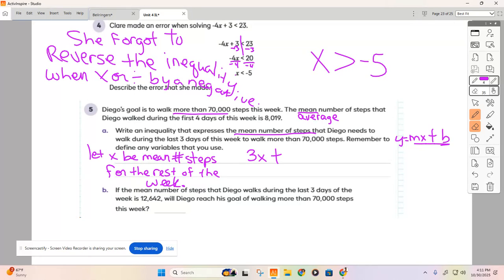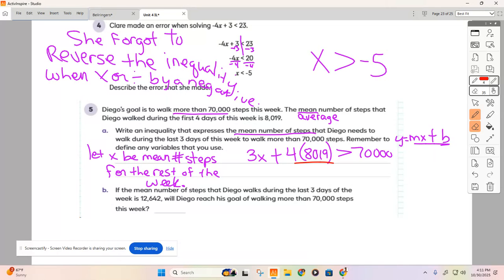In addition to that, we've already walked for 4 days, 8,019 steps. I want this amount to be more than 70,000. I need to simplify this by multiplying right here. I'll get that 3x plus, sorry, I don't know where I came up with that 3x.